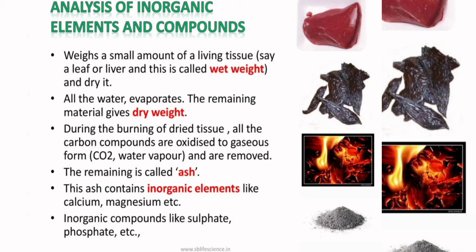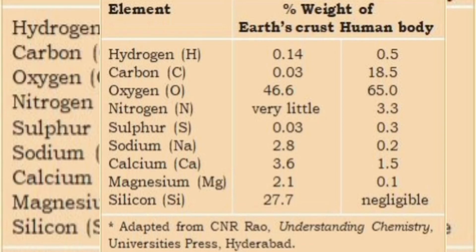After that, we burn the tissue completely and we get the ash. All the carbon compounds are oxidized to form gaseous carbon dioxide and water vapor, and these are removed. So ash is formed, and this ash contains various inorganic components like potassium, sodium, calcium, magnesium.